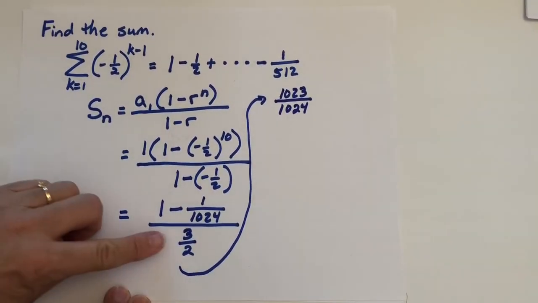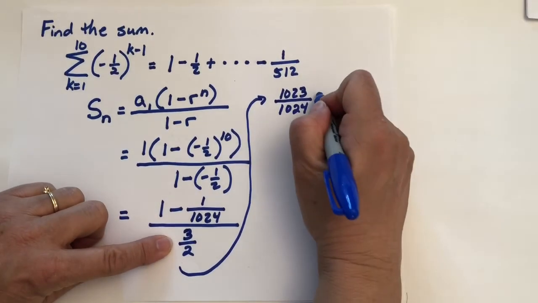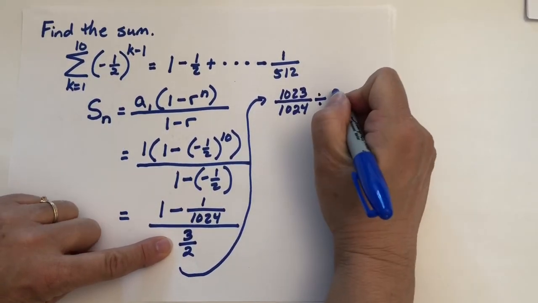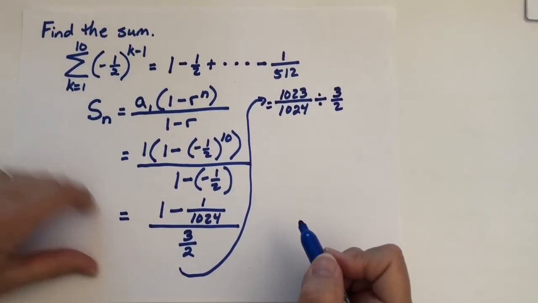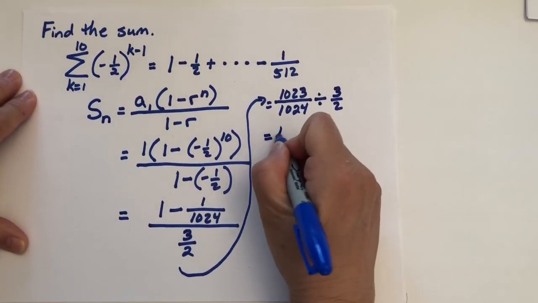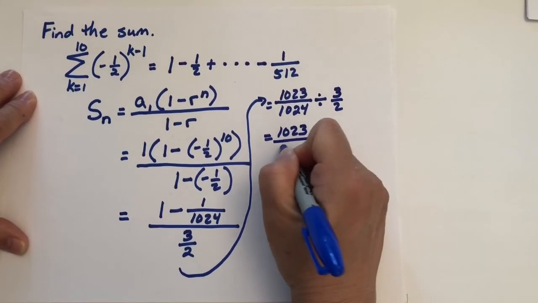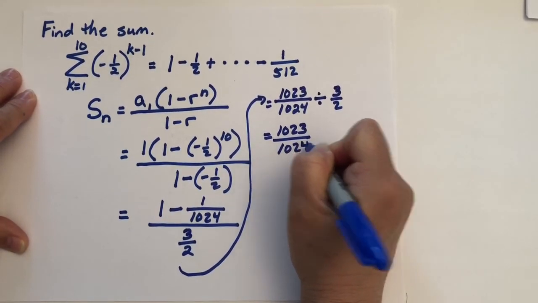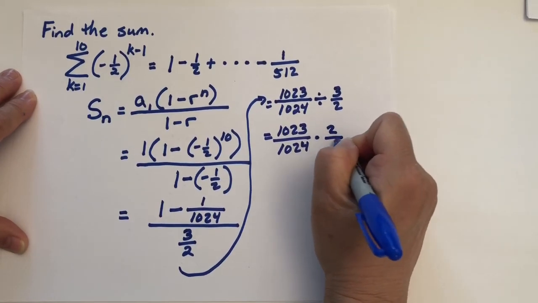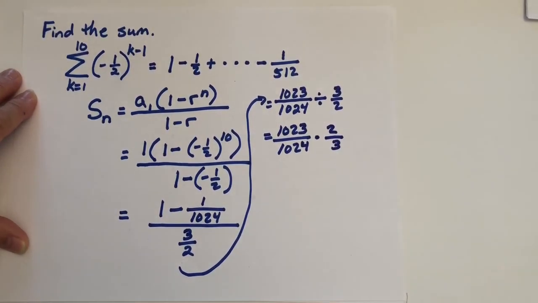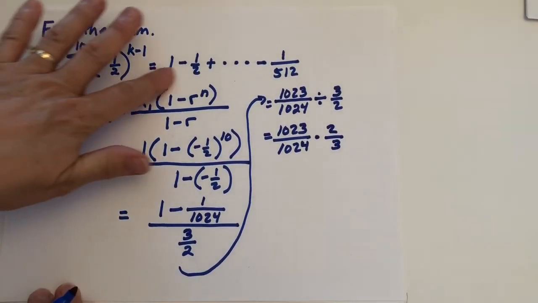And we're dividing that by 3/2. And of course, that means we're multiplying by the reciprocal. And I want the exact value here. That's why I'm not grabbing a calculator and getting a decimal approximation. I want the exact value of that sum.